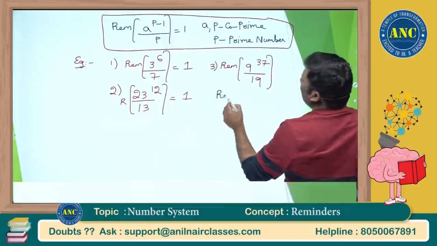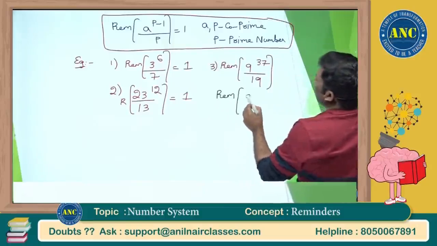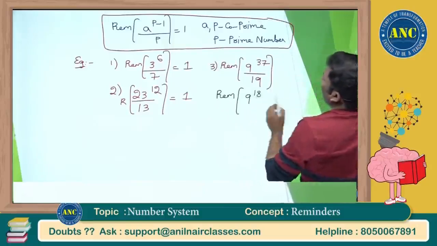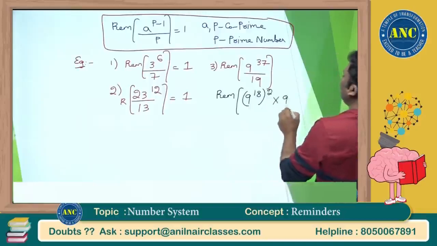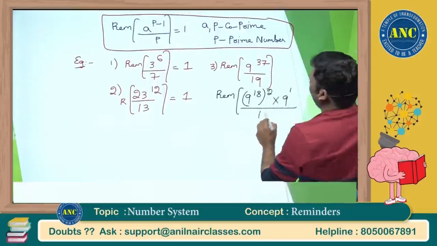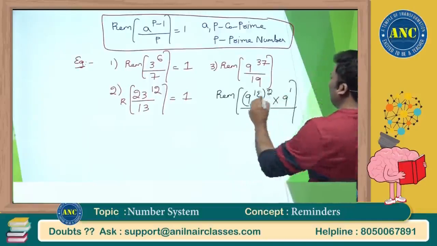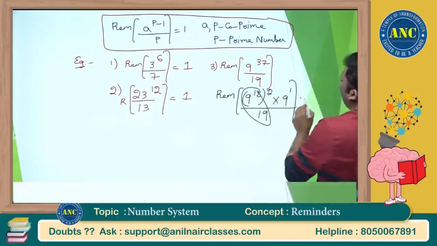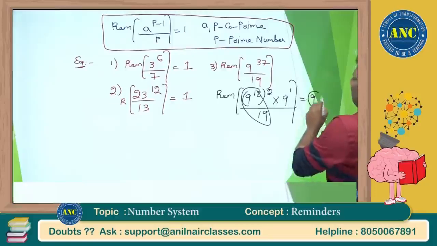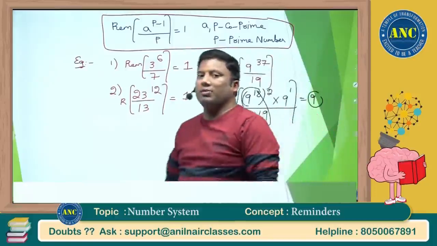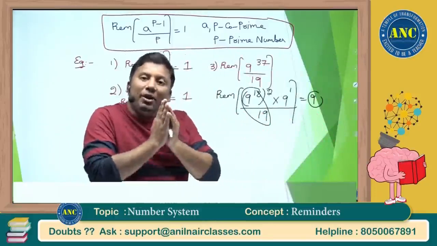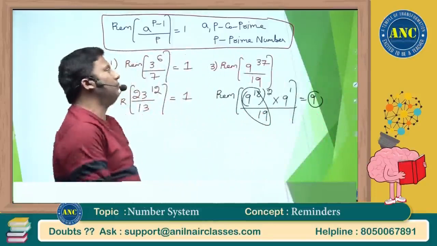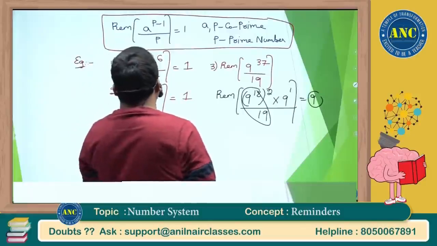If the denominator is 19, 19 minus 1 is 18. 18 multiples till 37. 18 2s are 36. Remaining 9 power 1 divided by 19. These are nothing but 1. 1 into 9 is nothing but 9. If the denominator is p, the power of the numerator base will be p minus 1.